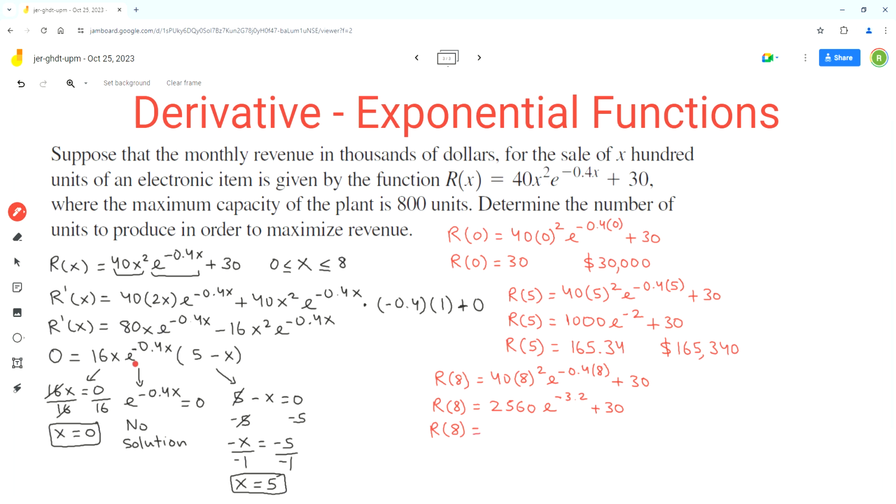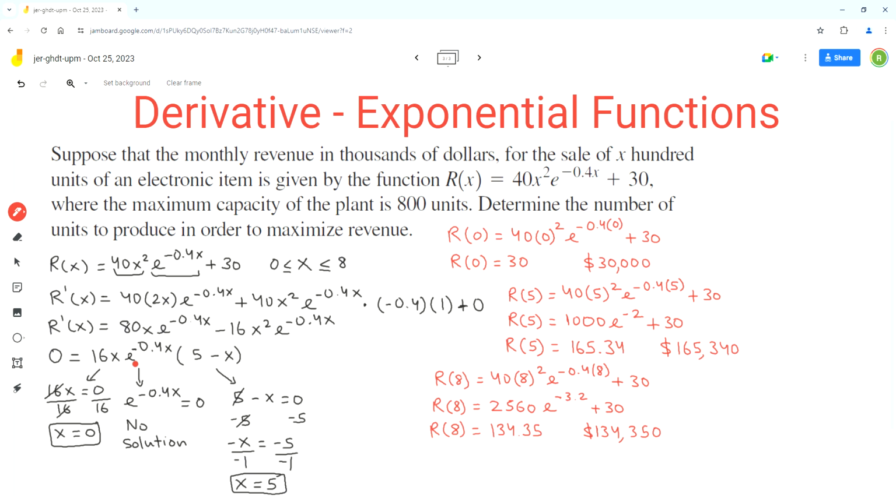Now we can multiply 2560 by e^(-3.2) and then plus 30. So I got 134.35. So I'm rounding the answer to 2 decimal places. So in dollars, the revenue will be $134,350. So we have to multiply these R values by 1000 because the function represents revenue in thousands of dollars.